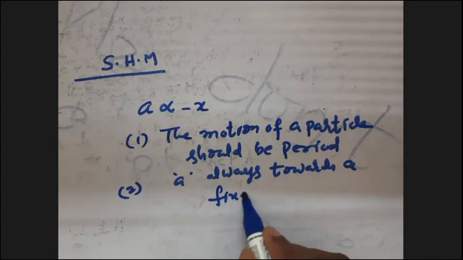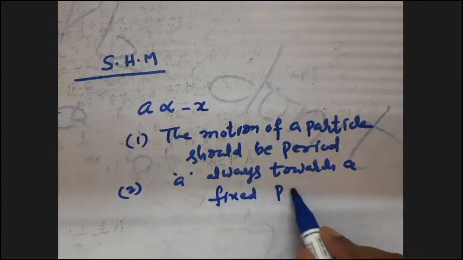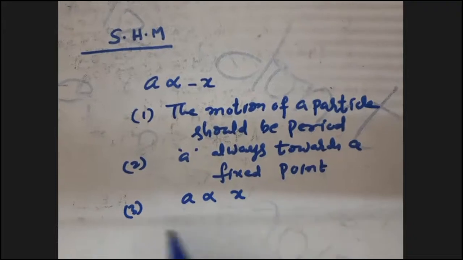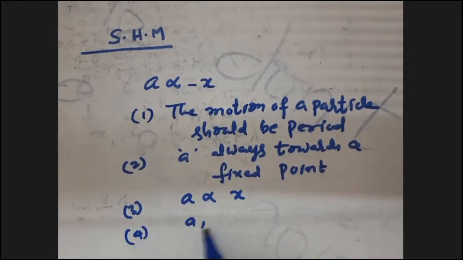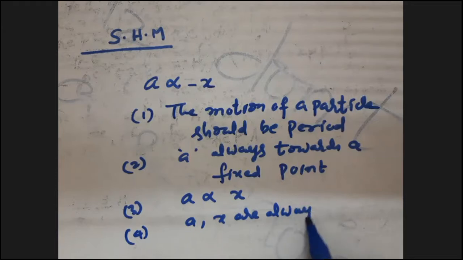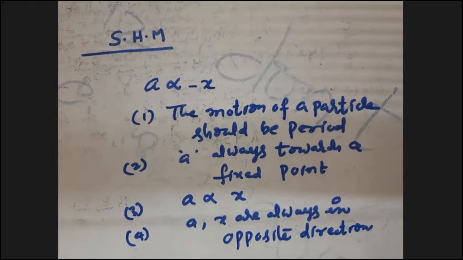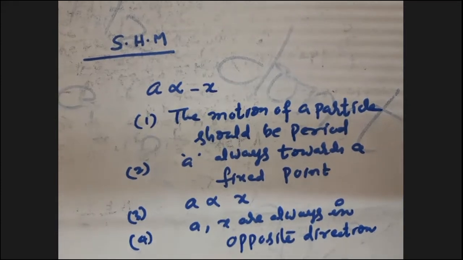This is the second condition required. The third condition is acceleration is directly proportional to displacement. The fourth condition, acceleration and displacement are always in opposite direction. When these four conditions are satisfied, that periodic motion is called simple harmonic motion.